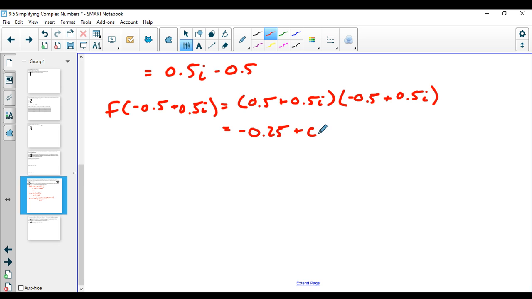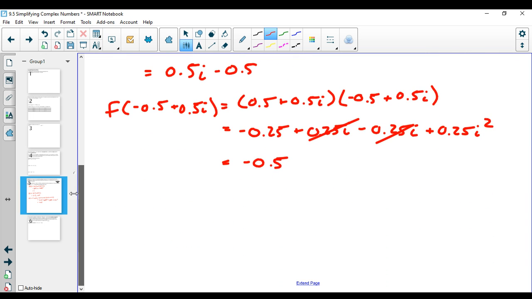plus 0.25i, right, plus or minus 0.25i, which is going to cancel, and then the last one is going to be plus 0.25i squared, which, i squared is just minus, and so we have minus 0.25 and minus 0.25, or minus 0.5.